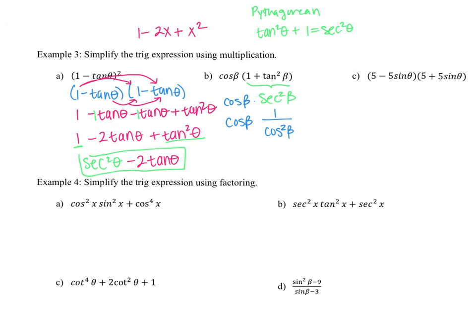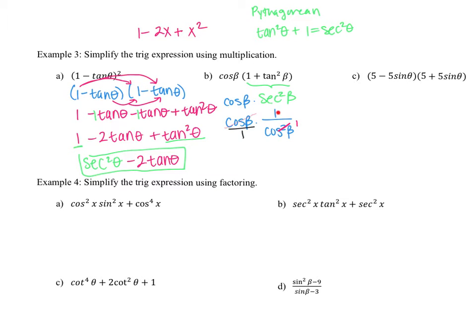And then the cosine beta drops down, so I'm just bringing this cosine down. And I need to multiply these two. And because I noticed that this cosine, if I wrote it as a fraction, these cosines are diagonal from each other. So that means that I get to cancel out some cosine. So there's one cosine here, so I can cancel that one out. And if I cancel one cosine from here, I need to cancel out one from here. So that would leave me with one cosine left in the bottom.